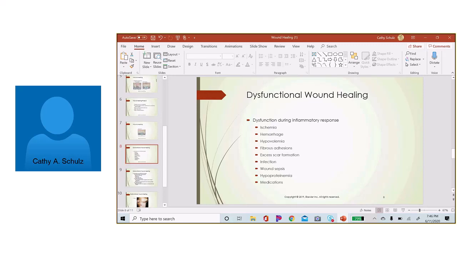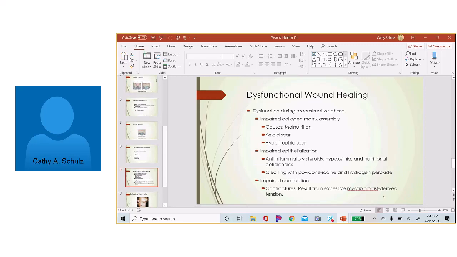If the person is malnourished, there's not enough proteins in the blood in order to facilitate this growth. Some people are on medications that can delay the immune response. Some people are heavy scar formers and will have very fibrous scars or overproduction of scar tissue.